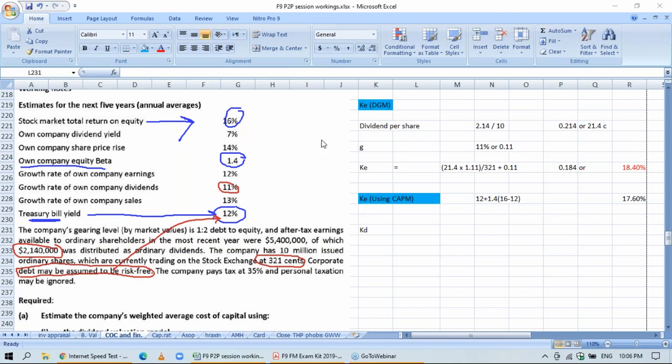Otherwise, we have to calculate the IRR, internal rate of return. So cost of debt is 12% into 1 minus T. So the tax rate is 35% in this question. 0.35 will be deducted from 1, and this gives you the cost of debt, which is 7.8%.